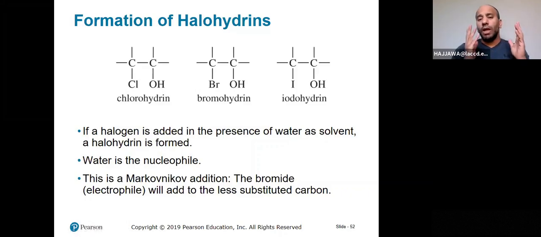It is a Markovnikov addition, meaning your OH will end up attacking the more substituted carbon. So you will be making a halonium ion, the bridge, the three-member ring that we've seen in the halogenation mechanism. Once that halonium ion is formed, the water molecule will attack the more substituted carbon, so your halogen will stay on the less substituted carbon.